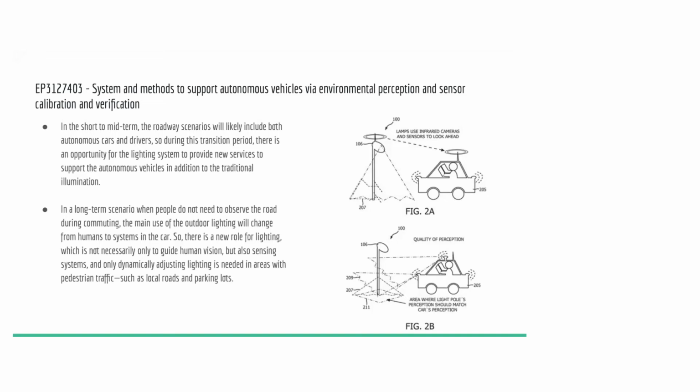So in this case, this solution using the lighting system will support the autonomous vehicles in addition to the traditional illumination. And in the long term, when people will not need to observe the road at all, there will be a new role for such lighting systems, which will not only guide the driver before the steering wheel, but also drive the car and the sensing systems.